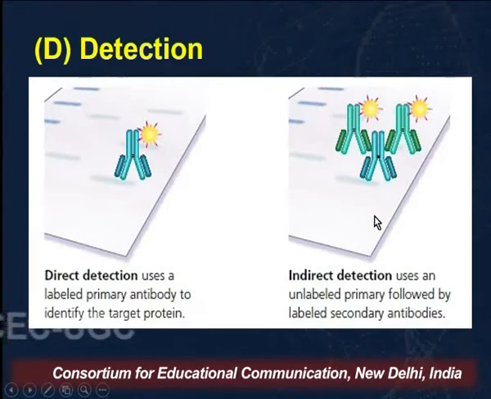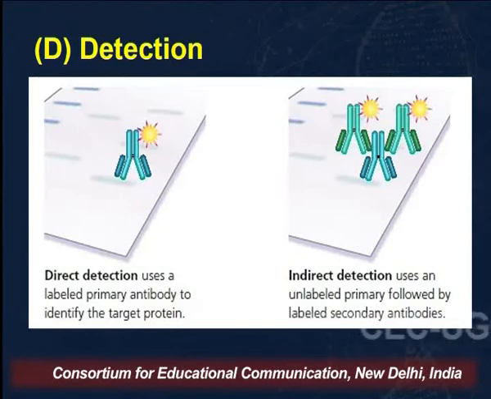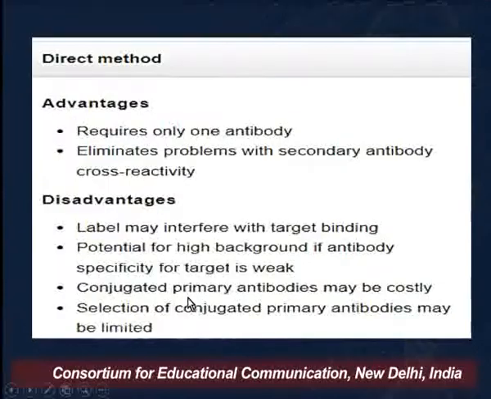In the indirect detection method, the primary antibody is recognized by a secondary antibody which is then tagged or labeled by a particular detection system. We'll talk about different detection systems as we did in the Southern blot hybridization. There can be bioluminescence, chemiluminescence, radioactivity, all these different kinds of tagged systems. So when we use a secondary antibody, it is termed the indirect method, and when only the primary antibody is tagged, it is called the direct method of detection.